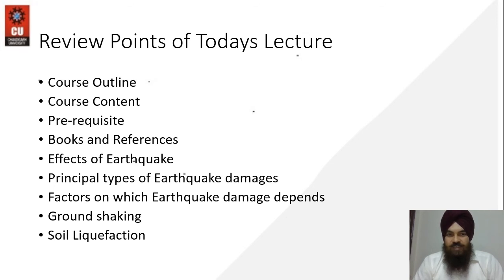Then we discussed the principal types of earthquake damage, direct damage and indirect damage due to earthquakes. Then the factors on which earthquake damage depends. Then we discussed ground shaking phenomena and soil liquefaction.